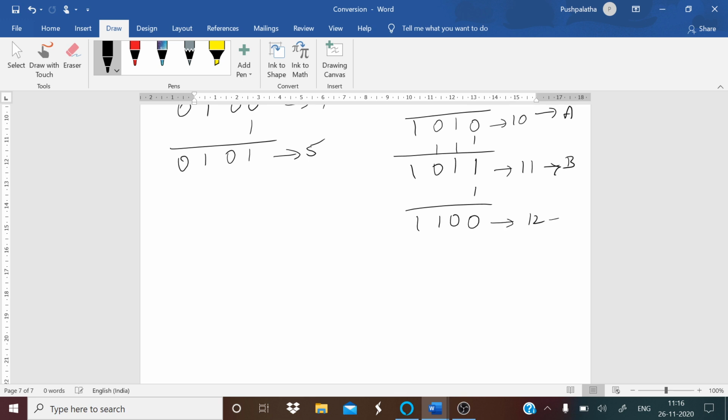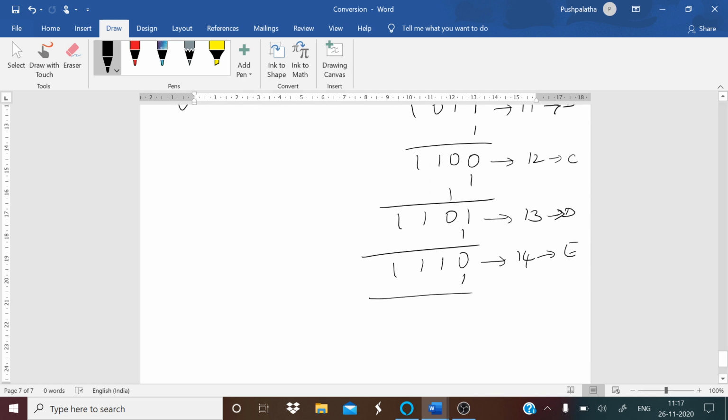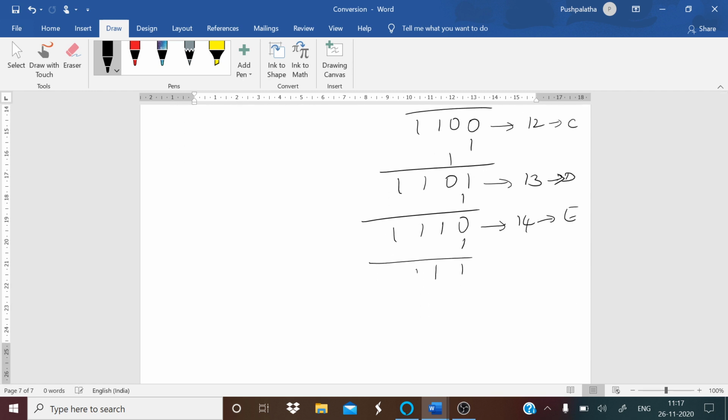So 1100. This is your 12, that is nothing but your C. And again 1. 0 plus 1 is 1, so 1101. This is your 13, that is your D. And again 1. 1 plus 1 is 0 with a carry of 1, so 1110. This is your 14, that is your E. And again 1. 0 plus 1 is 1, so 1111.